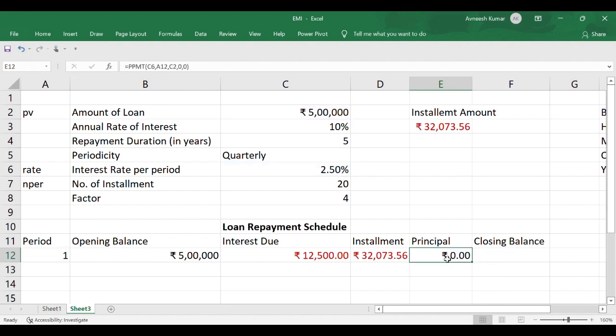So here we are getting, for calculation of the principal component, we would be using the PPMT function. We get this argument rate from the C6 cell, then period from the A12 cell, NPER from the number of installments cell, PV from the amount of loan, this C2 cell, then 0 for FV and 0 for type.